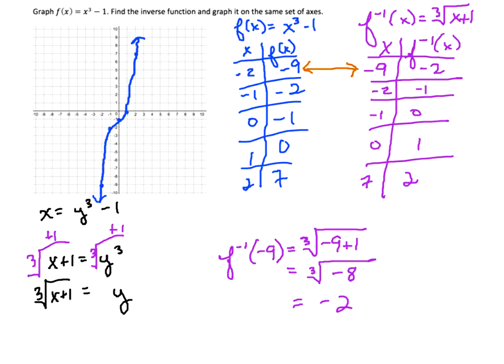Okay. And the inverse function, cube root of x plus 1, I have -9, -2 right here, -2, -1 here, -1, 0, 0, 1, and then 7, 2. So this thing goes like this.